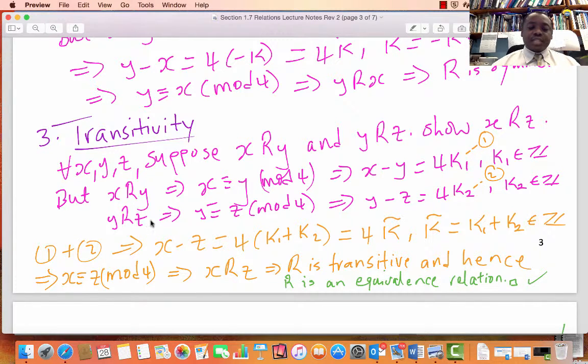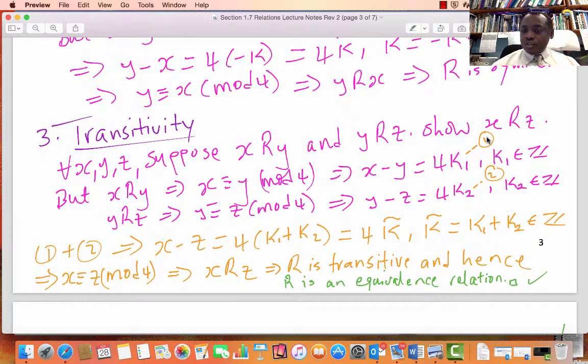y related to z implies that y is congruent to z mod 4, and this implies y minus z equals 4k2, where k2 is an integer by the definition of congruence, and we call this equation 2. I want to prove that x is related to z. In other words, I want to prove that x minus z equals 4 times some integer k.